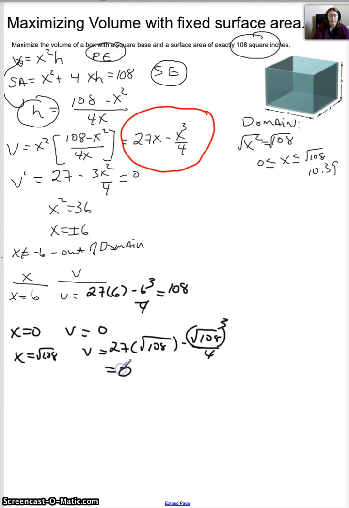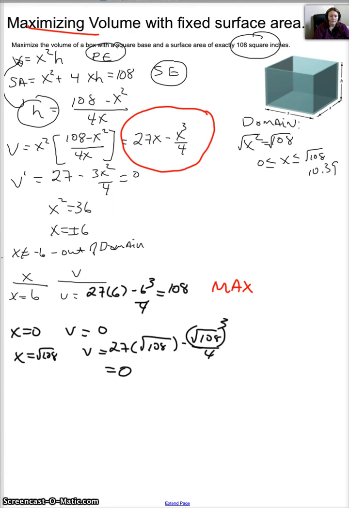And lo and behold, it turns out this one's 0 as well. So this then is a maximum. You have 0 volume when x is 0 or when x is square root of 108. And that kind of makes sense because it's really thin. So this is a maximum, and that's what we were doing. We were trying to maximize the volume.